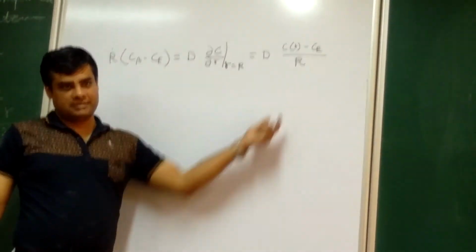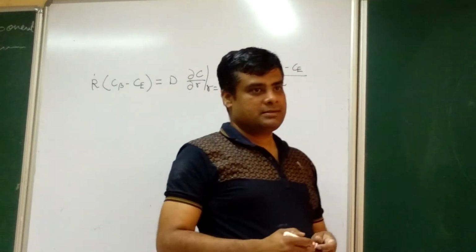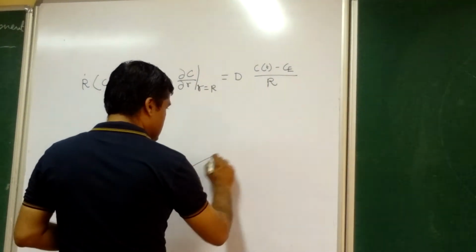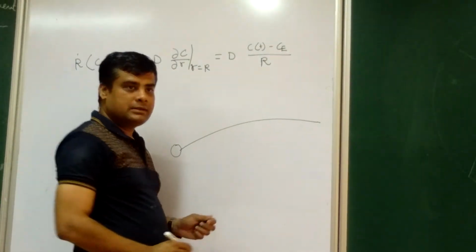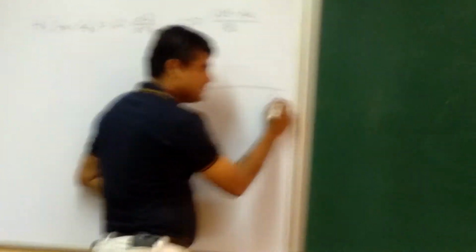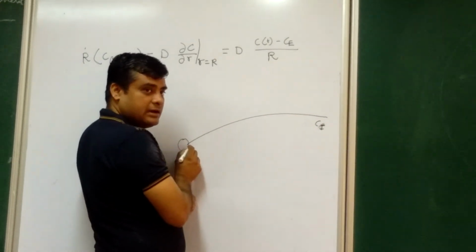From here, we are writing the concentration gradient. Sir, if R2 is equal to infinity, then C should be Ci minus C because the matrix is infinity. So this is the precipitate, whatever concentration here. At the very beginning it is Ci. It is always Ce here.